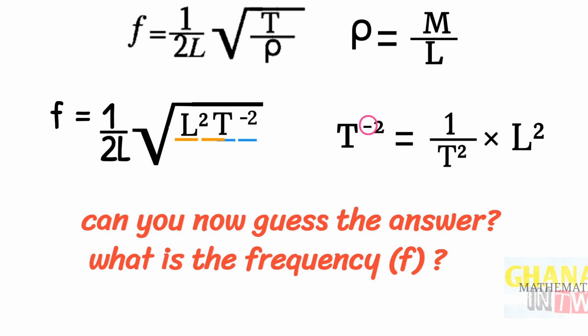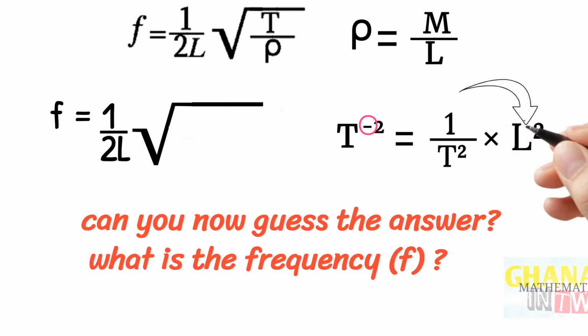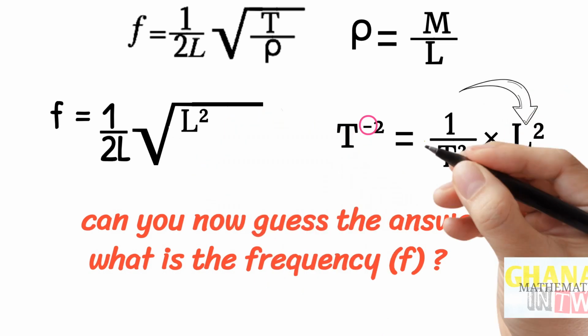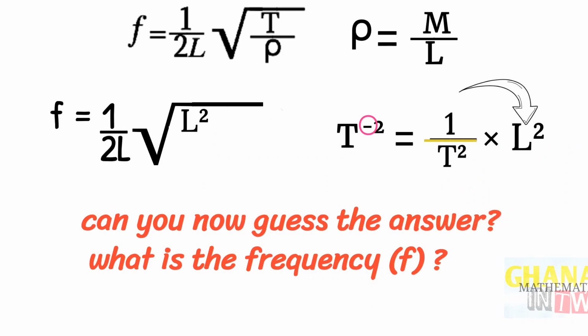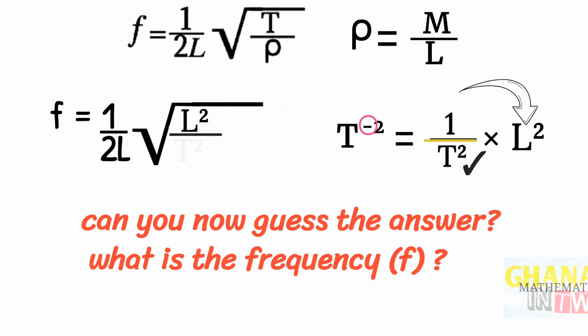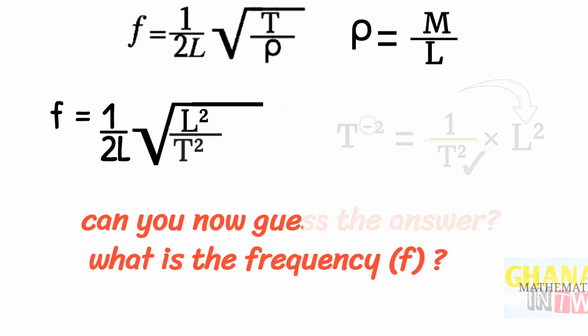Now we can say that 1 times L square is L square. So let's write the L square all over t raised to the power 2. Hope this is easy to understand.